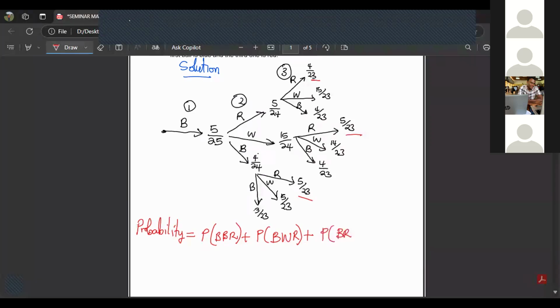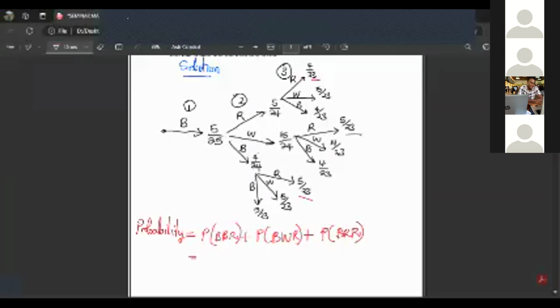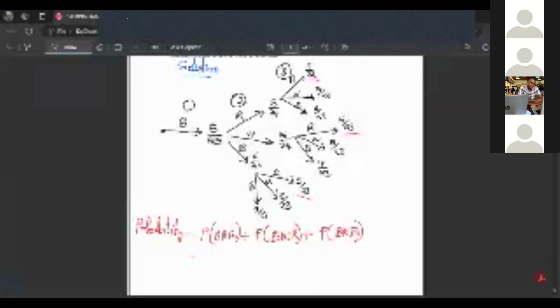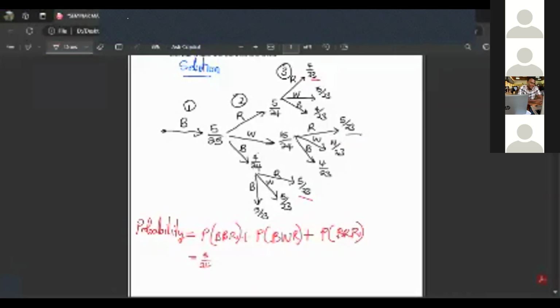So what we are going to do is find these respective probabilities and then sum them up. For the first one, blue, blue, red, that means we have 5/25 because you can choose a blue ball and another blue ball and a red ball.